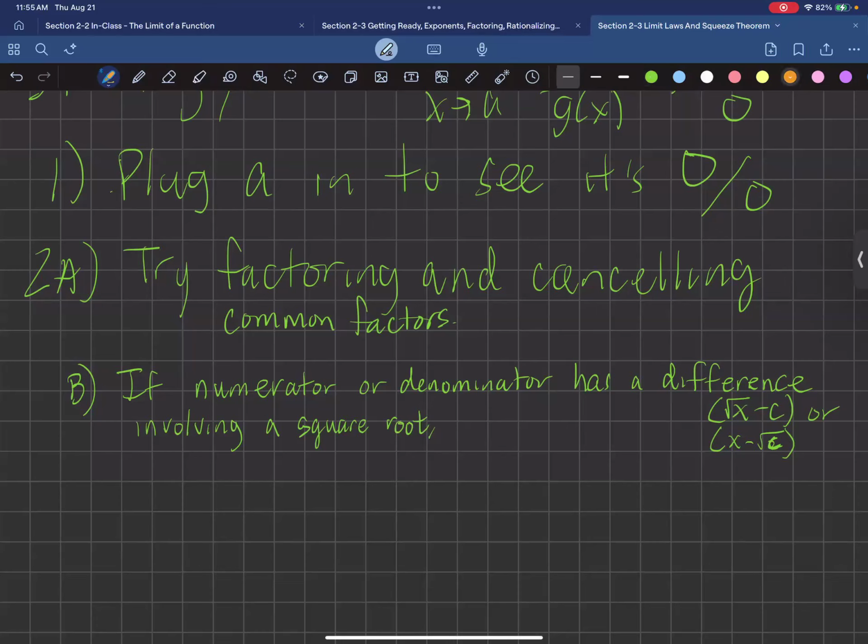And I hate writing numerator and denominator because they take a long time to write. I always call this top and call this bottom.